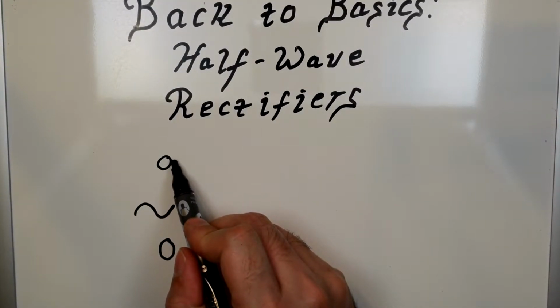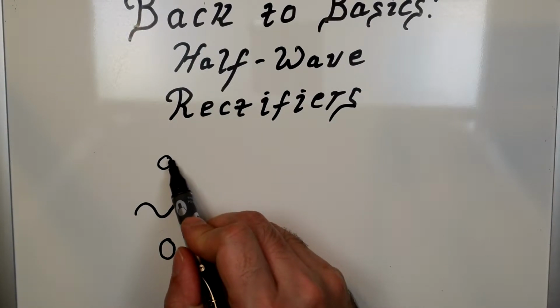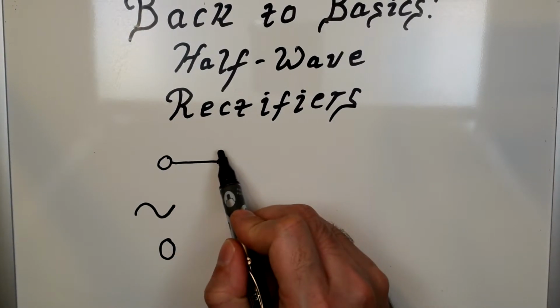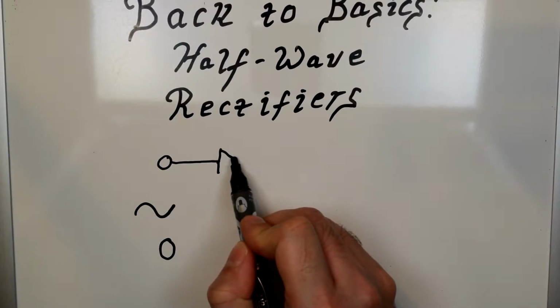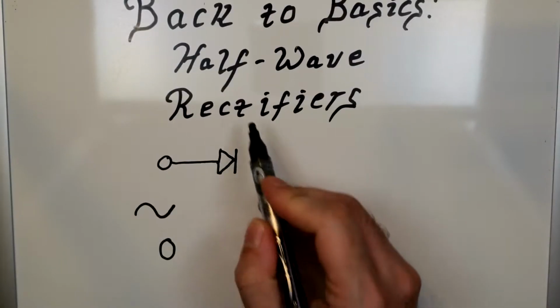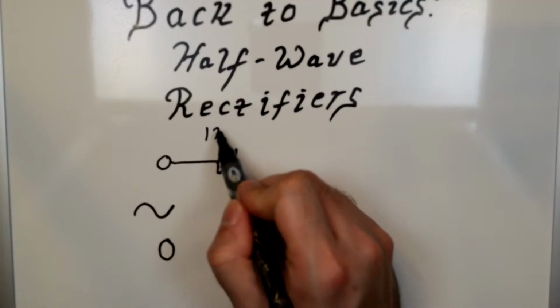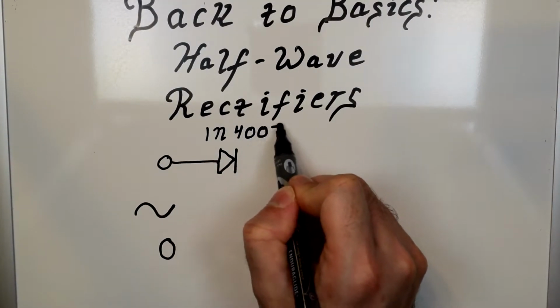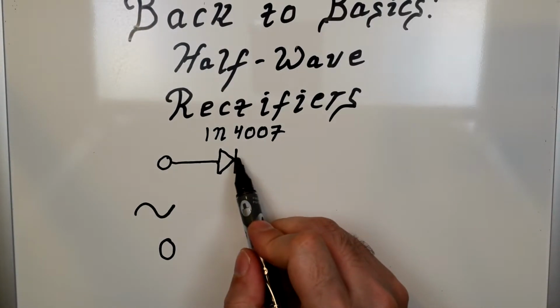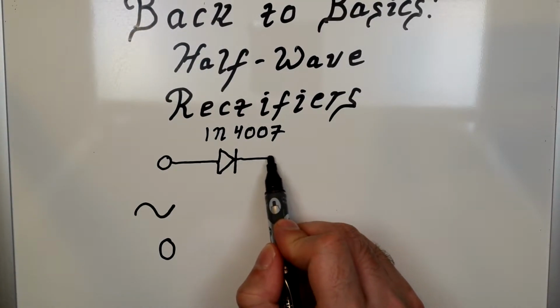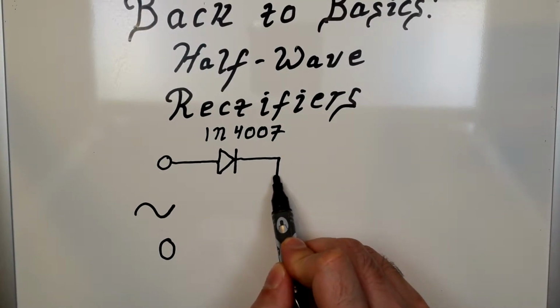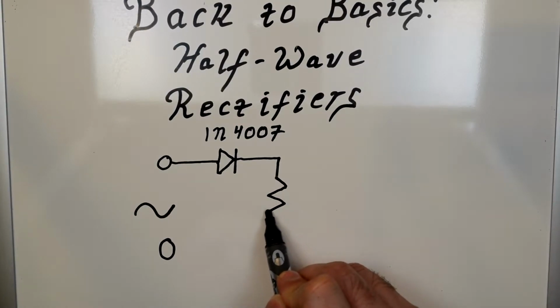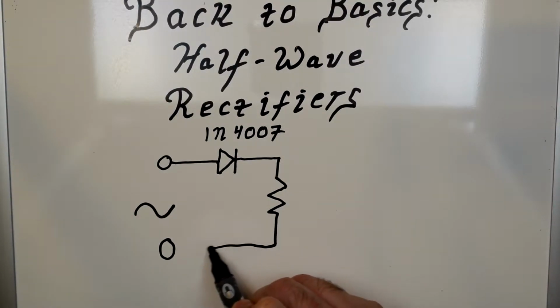And then we're going to be coming out of that AC current and we'll run it through a power diode, such as a 1N4007. Good old bog standard diode. And then we'll have a load, in this case just a resistor.